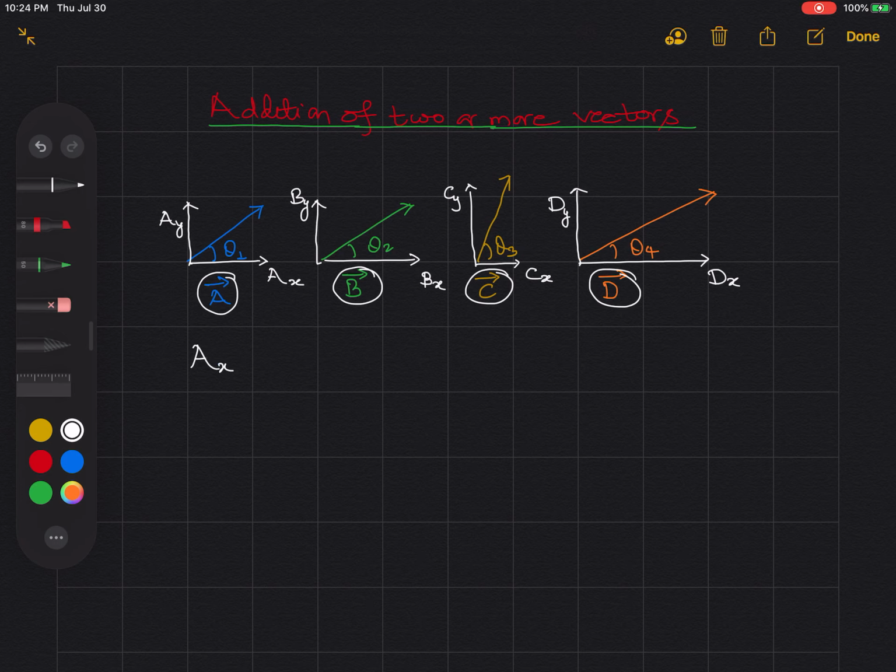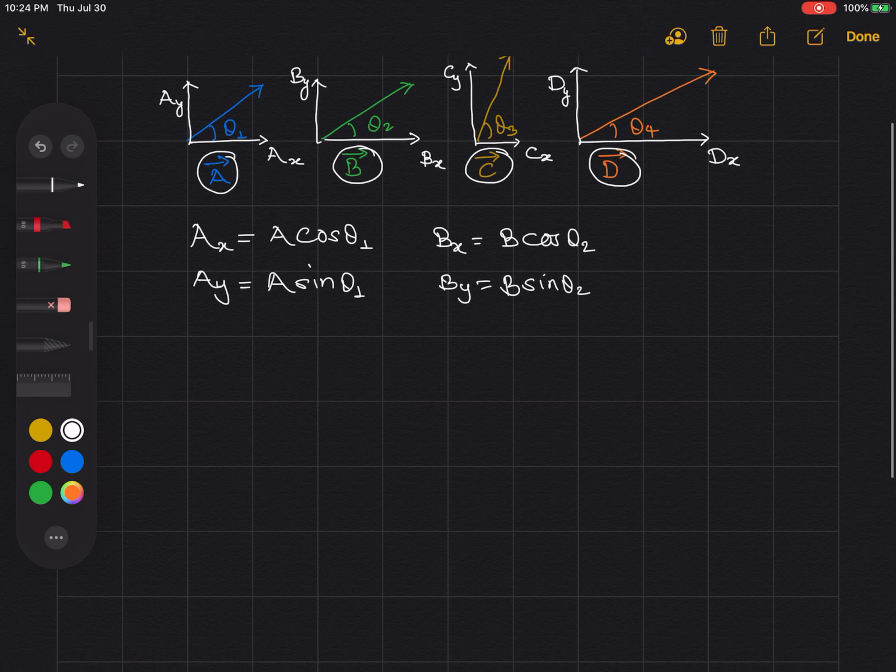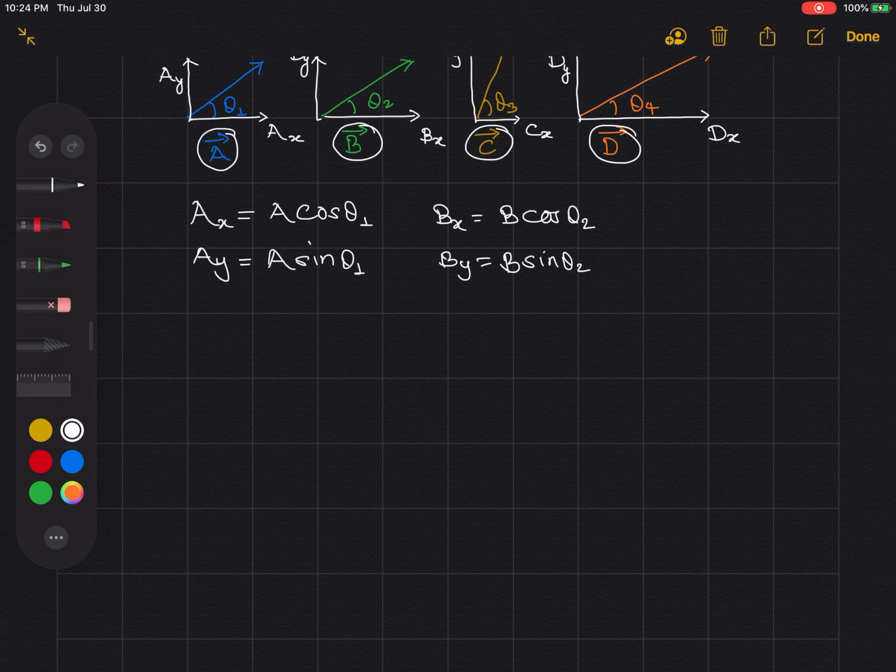Like if a is the magnitude of vector a, then ax is a cos theta 1, the x component. The y component is simply a sine theta 1. Similarly for bx and by, bx is b cos theta 2, and b sine theta 2 is the y component.